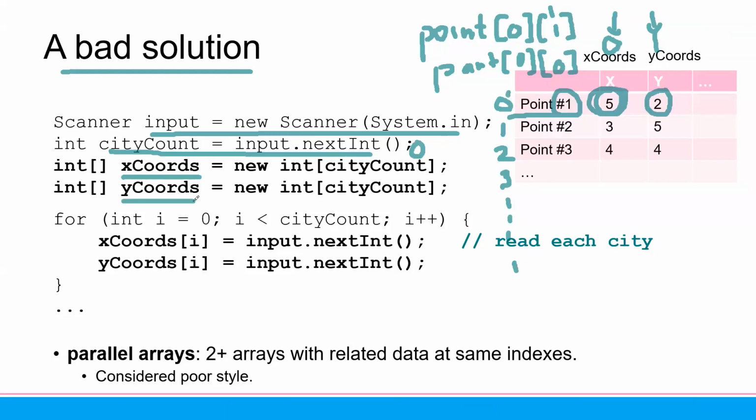The y coordinates are also the same. If it is y index 0, it means it is the number for the city at index 0. So for every city, I have x and y, x and y, x and y. It is one solution, but I can say that it is a bad solution.